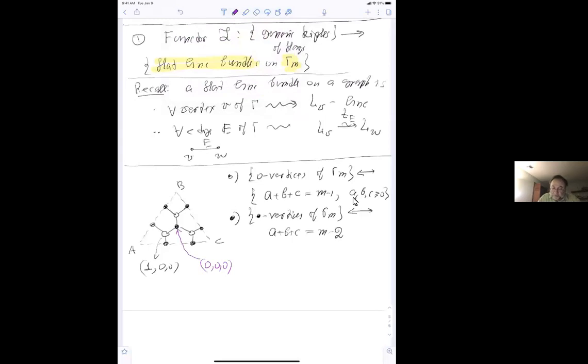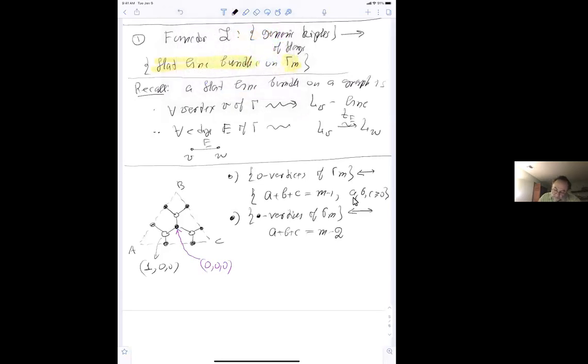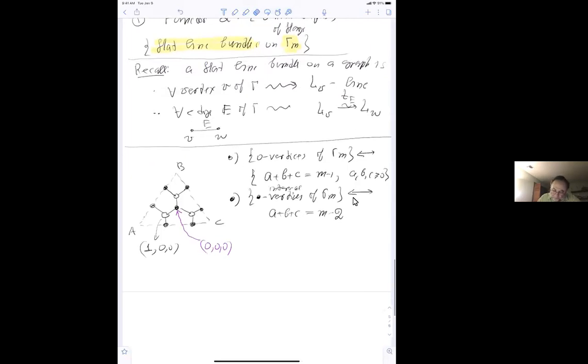I'm talking only about internal vertices. I will never need the external vertices, so I can delete it. So I'm not going to use external vertices now. Okay, so this is the combinatorial data, and now comes the definition of this vector bundle with connection.